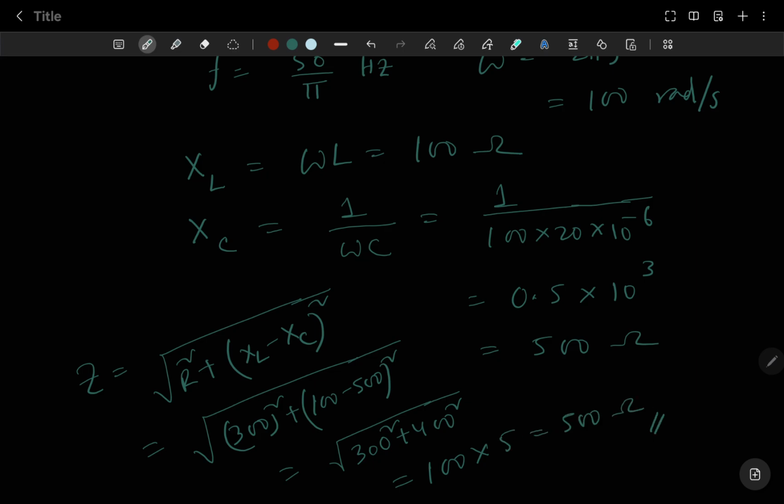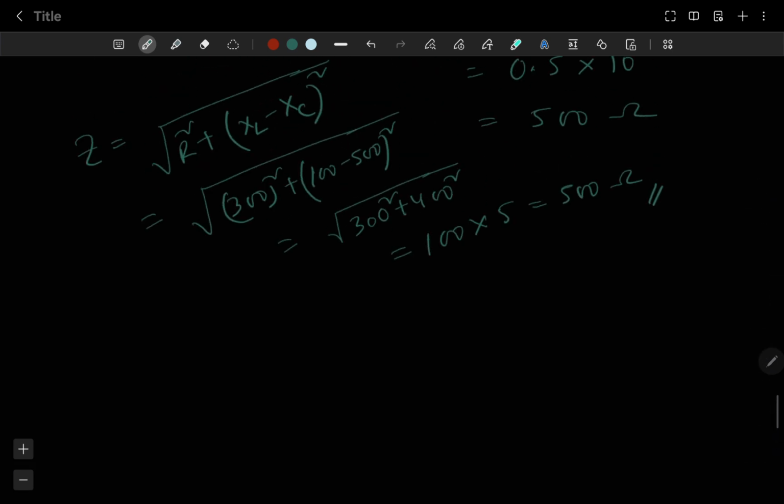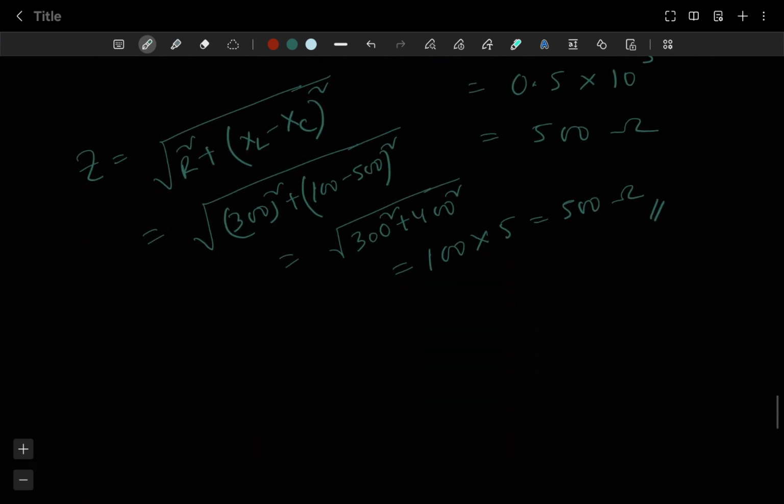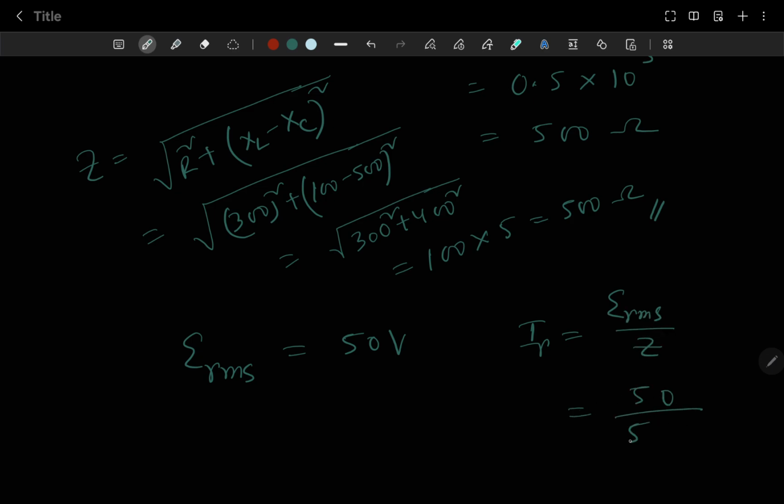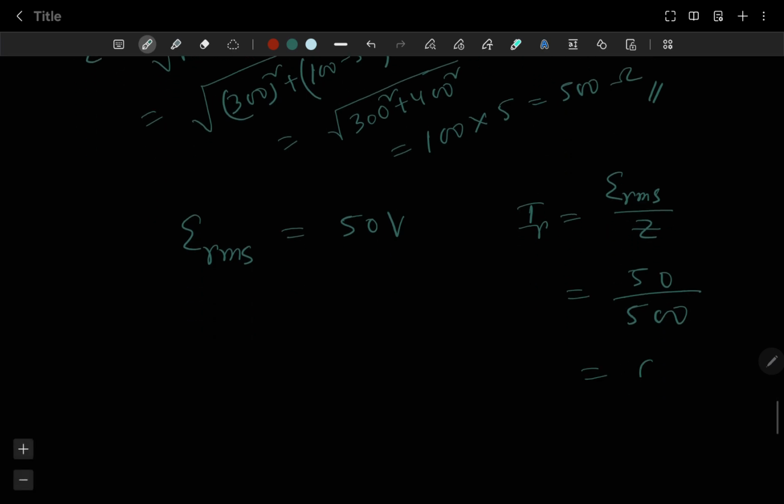So it's very easy. The RMS value of the source is given as 50 volt, so the RMS value of current will be 50 by 500, so it will be 0.1 ampere. So the voltage across the resistance will be IR into R, that is 0.1 into 300, that is 30 volt.